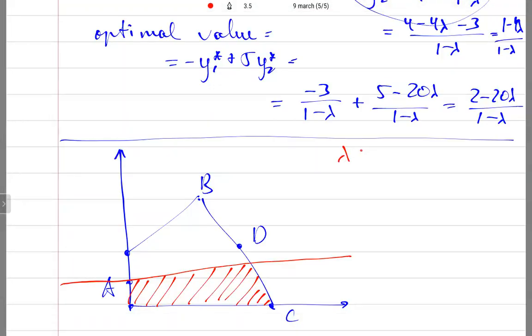Lambda belongs from minus 1 over 5 up to plus infinity. This is y1, this is y2.